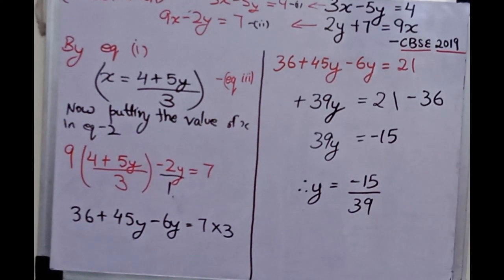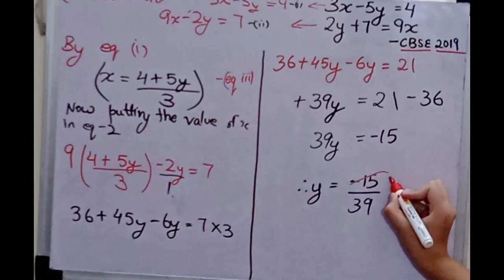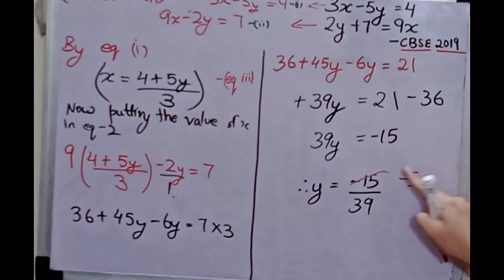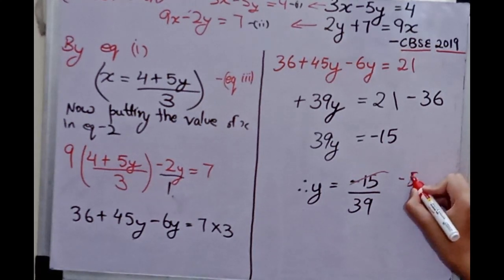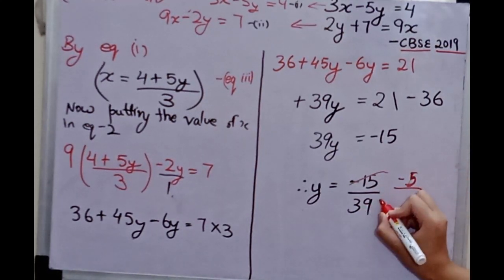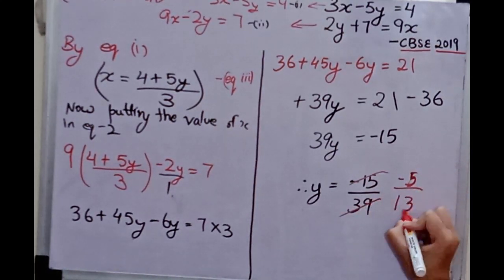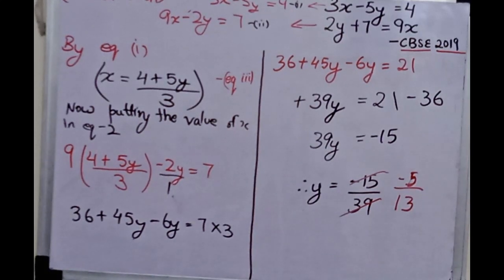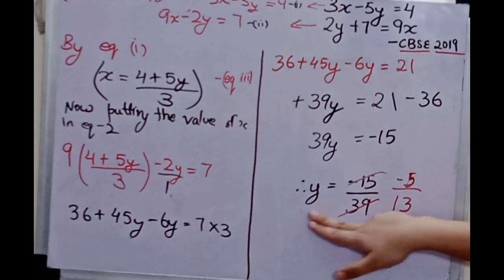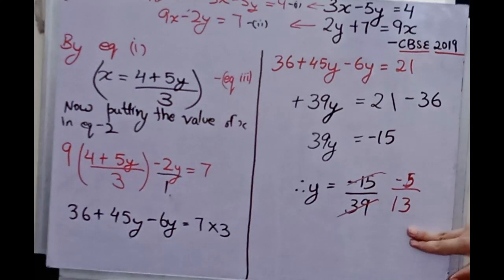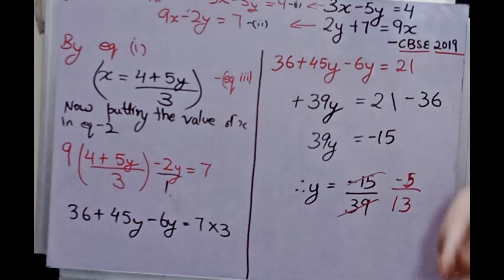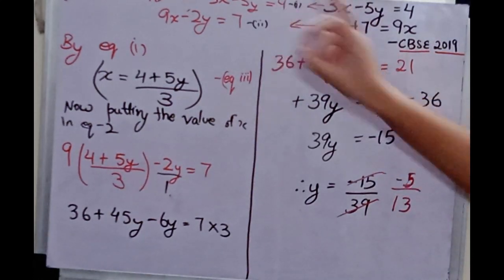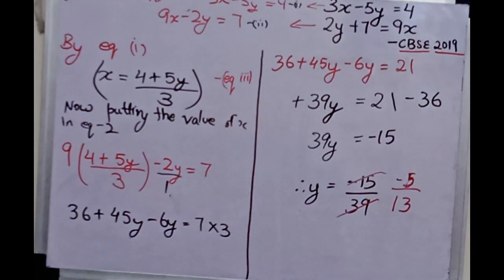It will be divisible by 3: 3 fives are 15 and 3 thirteens are 39. Hence we got the value of y. y equals minus 5 upon 13. Now we will put this value of y in the first equation, and we will get the value of x as well.